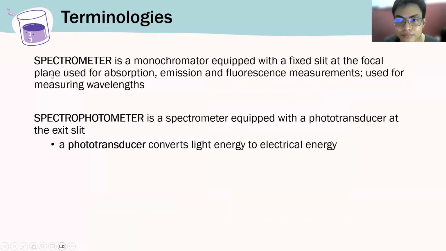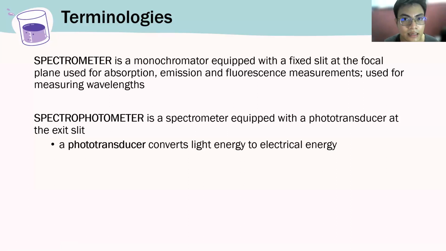And then we have the spectrometer and the spectrophotometer. There's a minute difference between the two. Pag sinabi natin spectrometer, spectro, light, meter, measurement. Dito sa spectrometer, it selects a certain wavelength and mini-measure niya yung light properties doon.